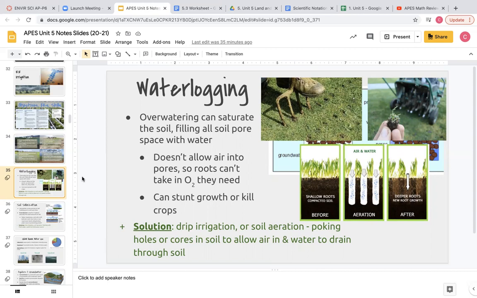But there is a positive. You can add some drip irrigation or soil aeration, which is just poking holes into the soil to allow air to get in there and drain. But you do have to change some things about it. You can't just do complete flood irrigation. You have to make some changes for it to be efficient.